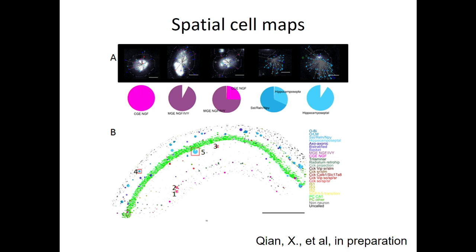So it really looks for what combination of markers makes sense in the local environment. Here it assigns reads, makes the comparison with the cell definitions we have, and gives it a probability. So this one must be a CGA NGF cell, 100% probability. This one is a little bit less likely, so we make these pie charts of probabilities.